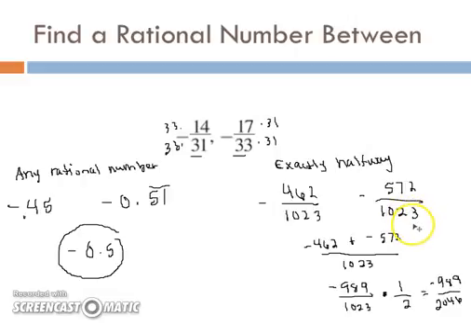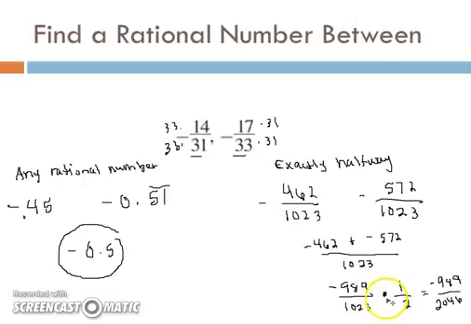And then it's like finding the average of the two. So you add the two numerators together. So a negative 462 plus a negative 572. And that's how we get a negative 989 over 1023. And then to divide it in half, dividing by 2 is the same as multiplying by 1/2.